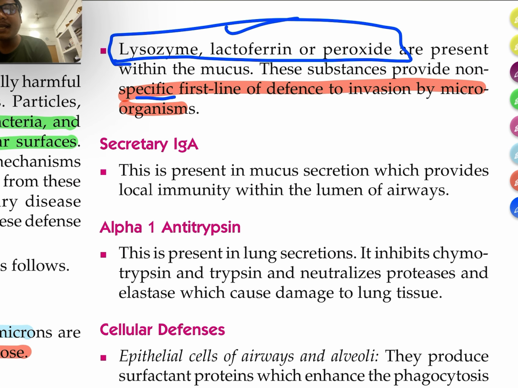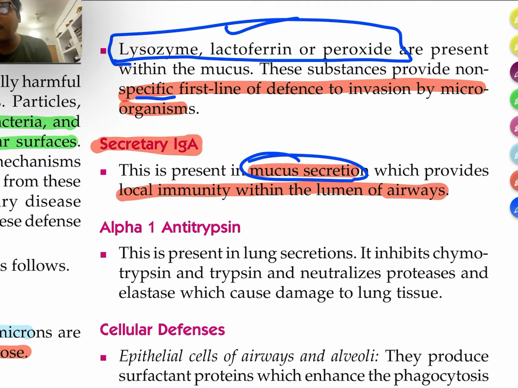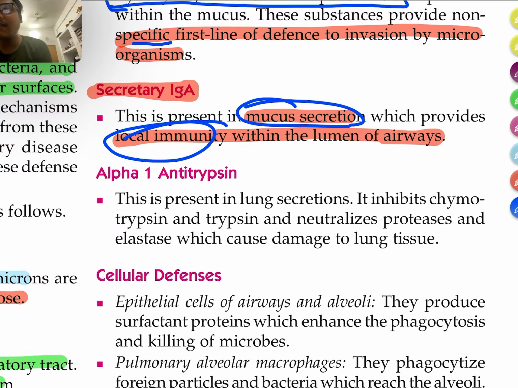Next is our secretory IgA. Immunoglobulin A is present in the mucus secretion and provides local immunity within the lumen of the airway. So what we have to remember is that it provides local immunity. That is an important point. Next is alpha 1 antitrypsin, present in the lung secretion, which primarily inhibits chymotrypsin as well as trypsin, and neutralizes the protease elastase, which causes damage to the lung tissue.